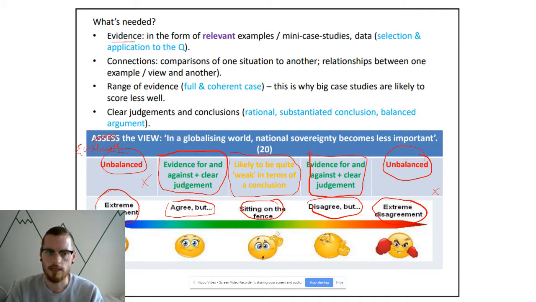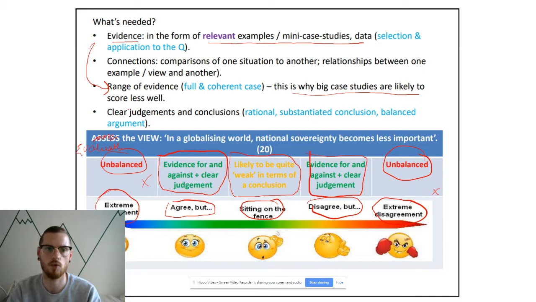The evidence they want here is in the form of relevant examples and mini case studies. Okay, skip down here. They want you to use a range of evidence. This is why big case studies are likely to score less well. So what they mean by that is they want you to use lots of mini, okay, case studies, not a big case study.